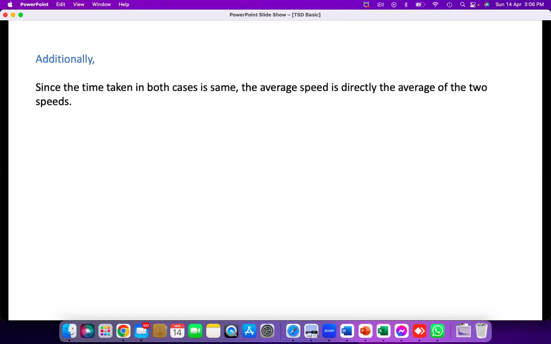Additionally, since the time taken in both the cases is the same, average speed is directly proportional to the average of the two speeds. When distance is constant, then average speed is given by twice of S1 S2 divided by S1 plus S2, where S1 and S2 are the speeds.